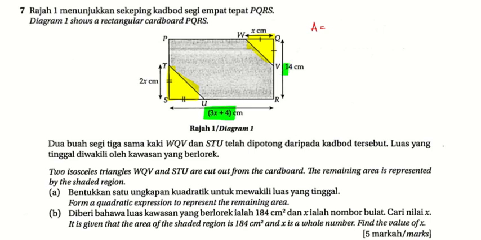This one times this one is the full area. Then I need to minus off the two isosceles triangles. This one, half times base times height, and minus off this one, 2x, 2x.